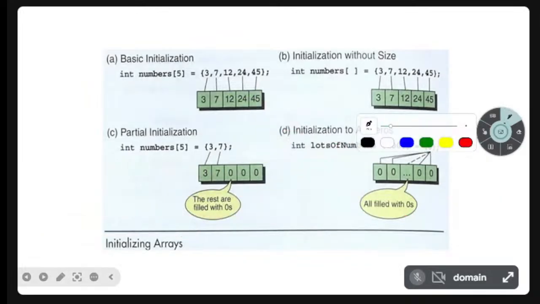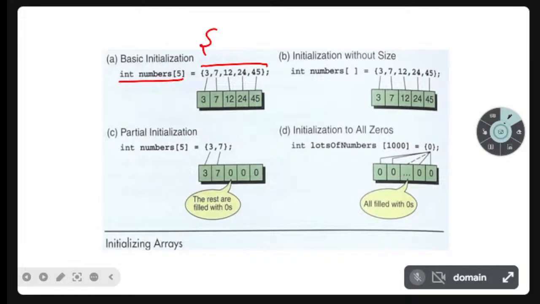Example, int numbers[5]. 5 values must be provided initially using curly brackets. Right? The values must be provided, 1, 2, 3, 4, for example 5, and a semicolon. So what is the difference between the first statement and the second statement?